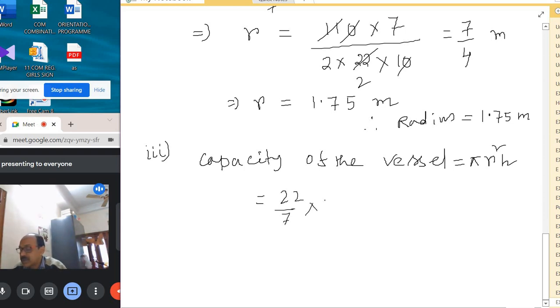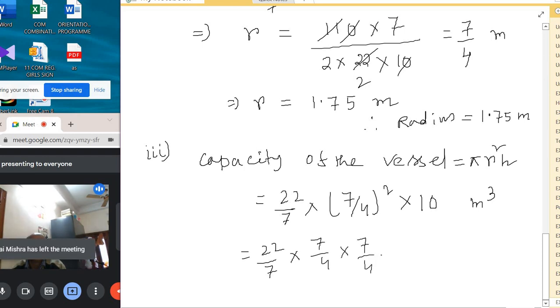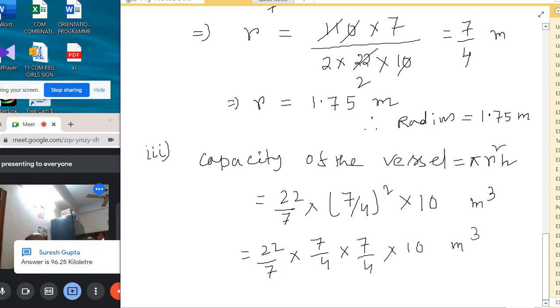The radius you can use as 7/4 meter, 7/4 whole square, easy to calculate, into height, which is 10, the height or depth, and the unit is meter cube, because it is a volume unit. So 22/7 into 7/4 into 7/4, R square, into 10 meter cube.